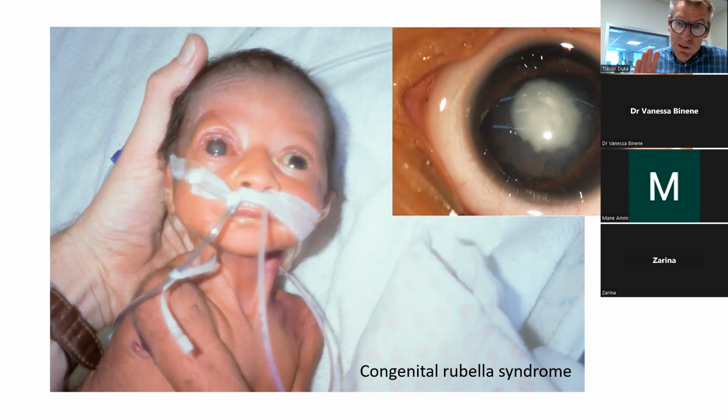And so the features of congenital rubella syndrome, which is actually a relatively common condition, at least somewhere between 1 and 2 per 1,000 live births in almost all countries where this has been studied. The babies are born with congenital rubella syndrome. So that's one or two per 1,000 live births.